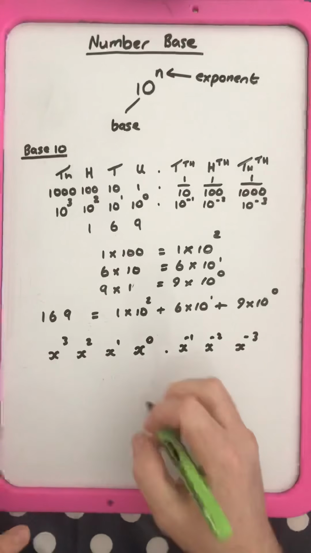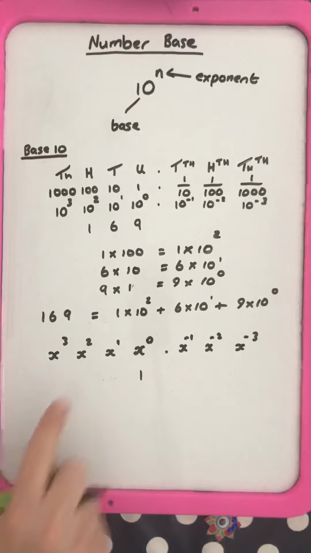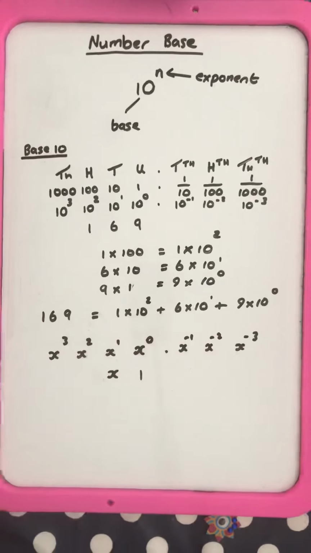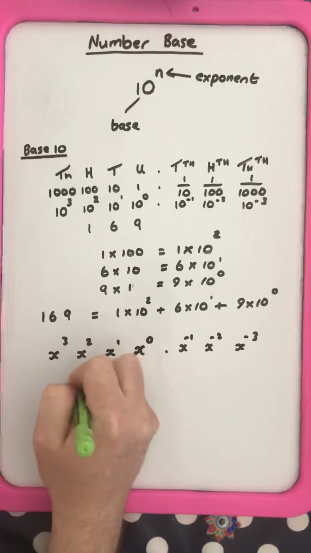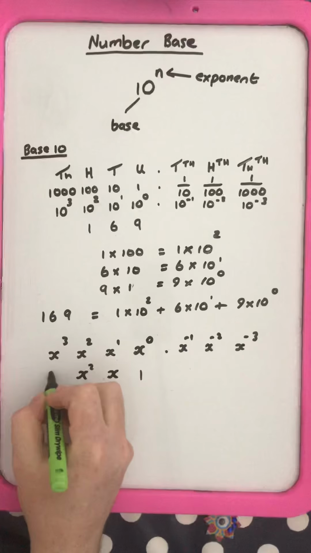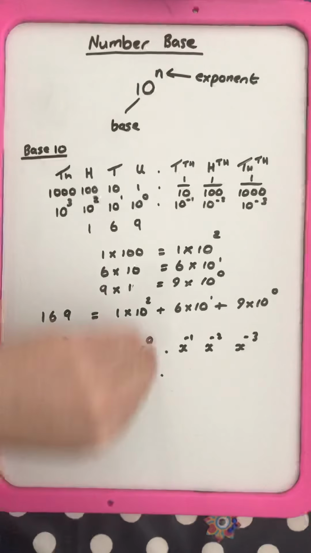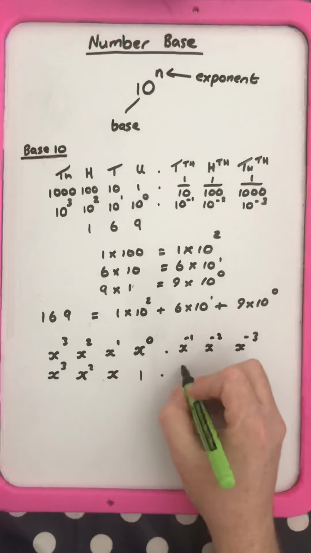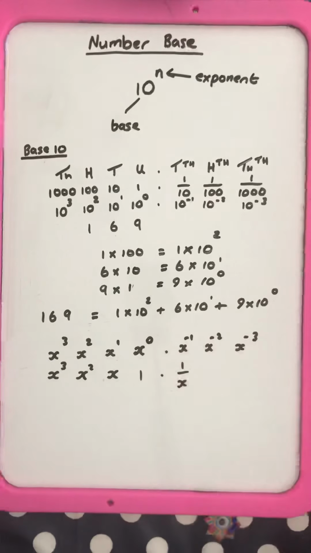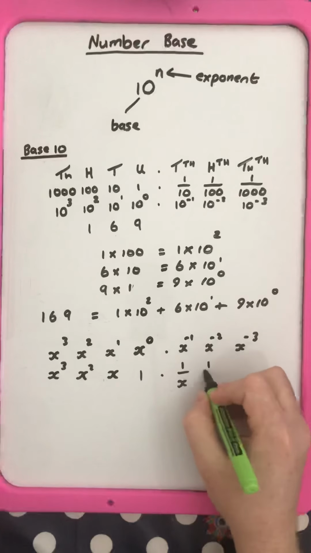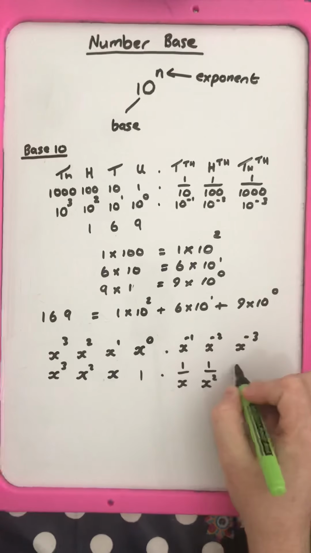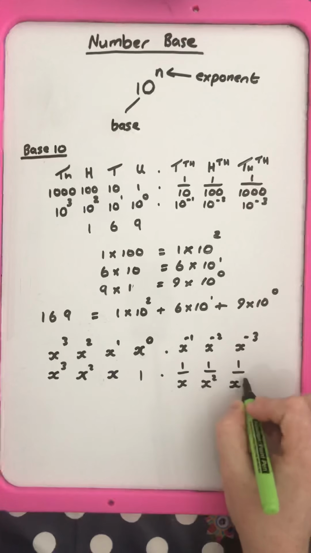This is our ones column. x is x, x squared is x squared, x cubed is x cubed. Decimal point's a decimal point, it never moves, it's always in the same place. 1 over x, 1 over x squared, 1 over x cubed.